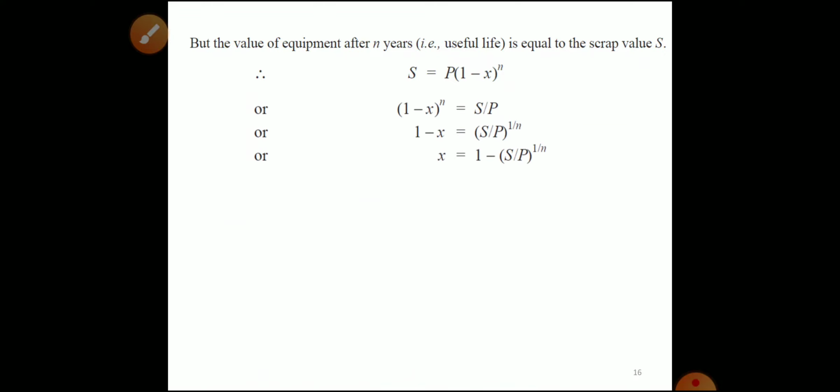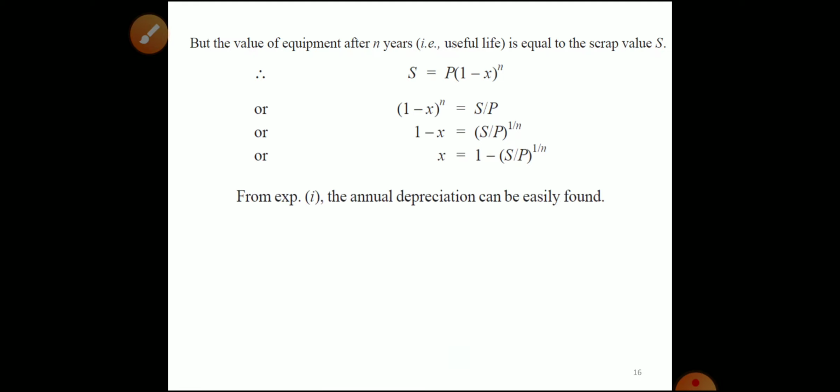So from the previous slide, P(1 - x)^n is considered. By solving this, we will get the expression of x equal to 1 - (S/P)^(1/n).